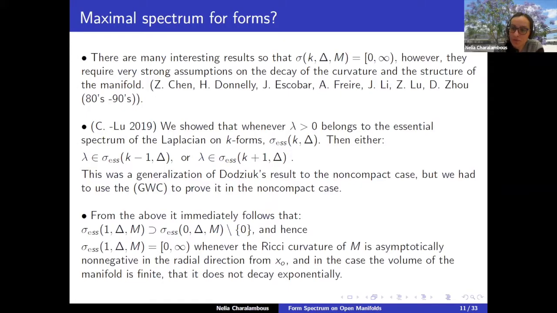So the one-form spectrum is always larger than the function spectrum. And therefore, whenever the function spectrum is maximal, then the one-form spectrum will also be maximal. In particular, in the case that we saw before, of Ricci curvature asymptotically non-negative, and the volume not decaying exponentially.